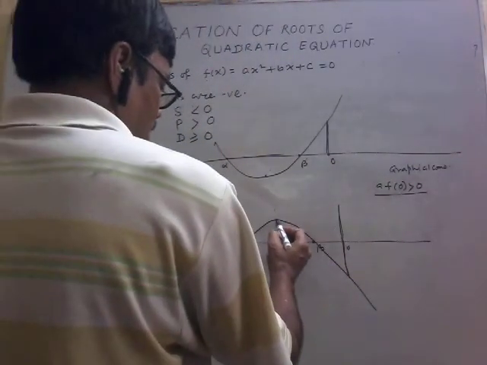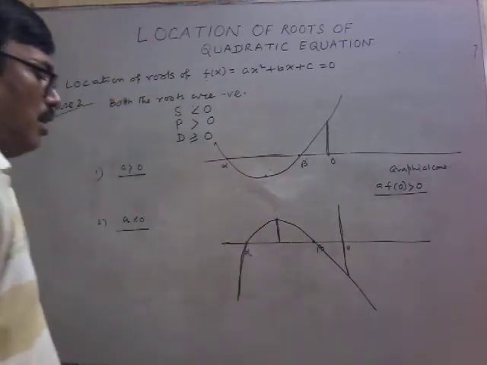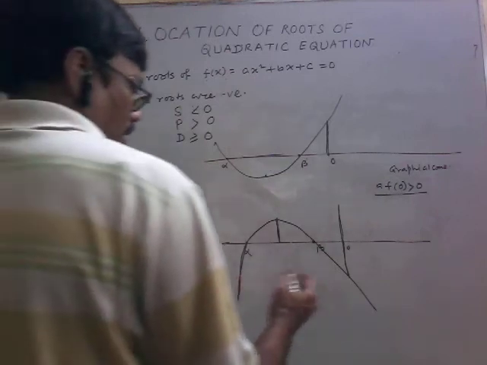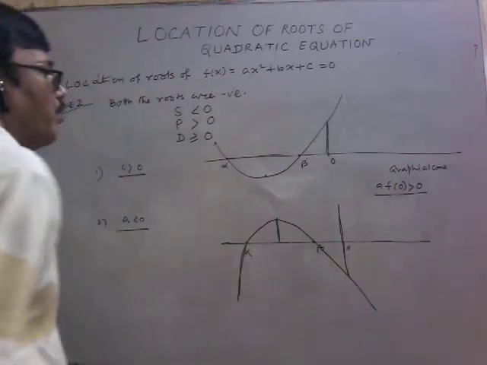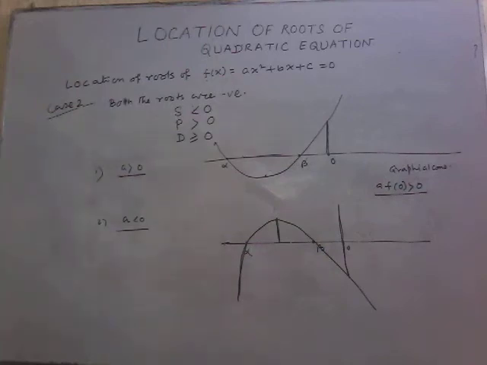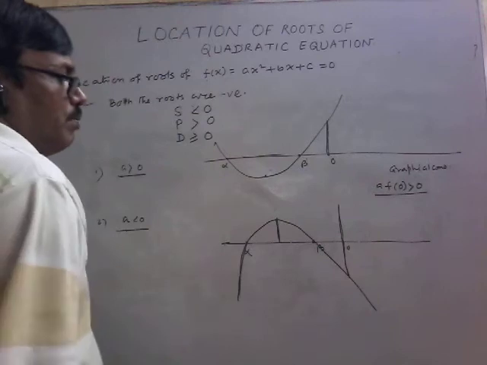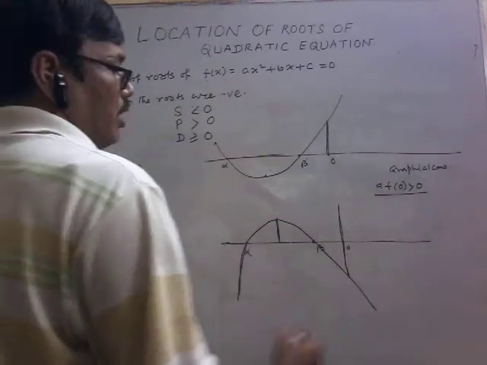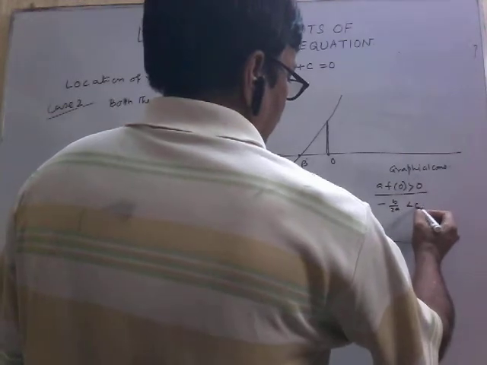So this is this one, minus b by 2a less than 0.